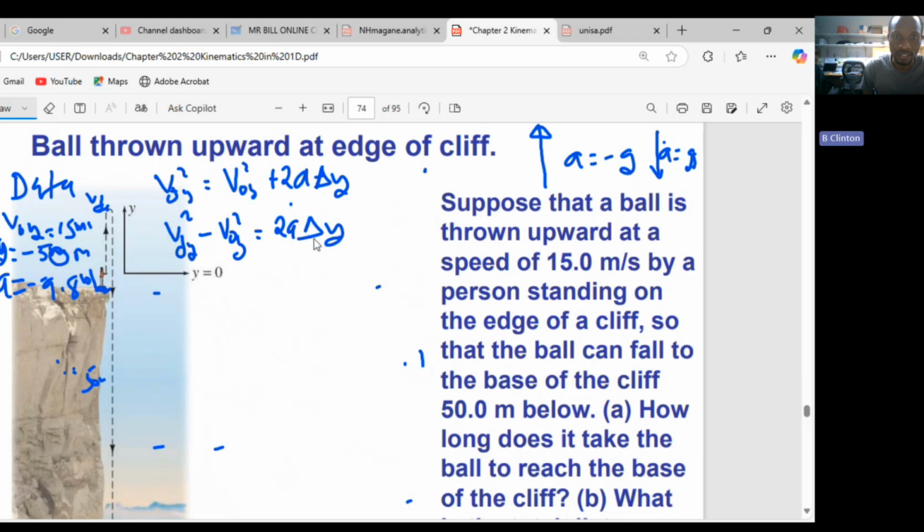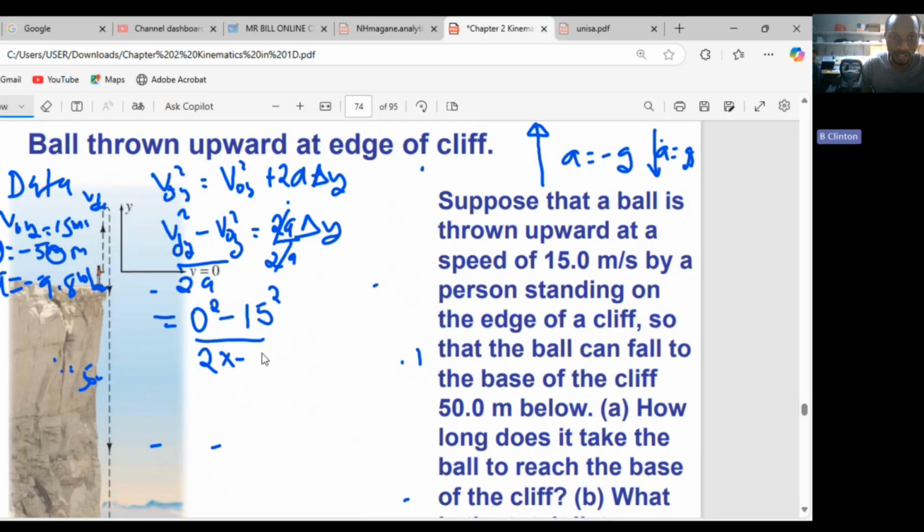To get delta y, we can divide both sides by 2a, and this cancels. So we can then substitute, remembering it reaches a maximum where the final velocity was 0. So that is 0 squared minus 15 squared, over 2 times minus 9.8.